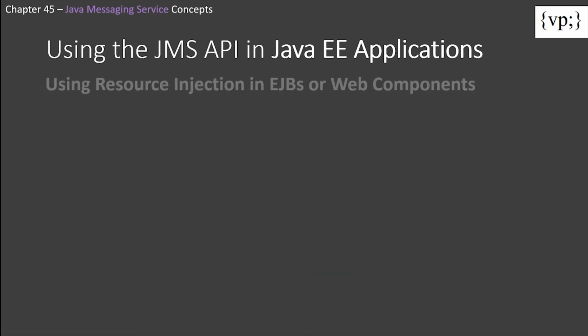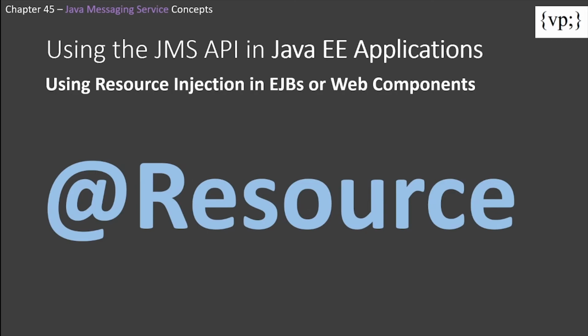Now, to use resource injection in EJBs or web components. In Java EE applications, it's really common to use the @Resource annotation to add in connection factories, topics, or queues. These would be created administratively, which means they would be created in deployment descriptor files. There is one default connection factory that we use called the default JMS connection factory.